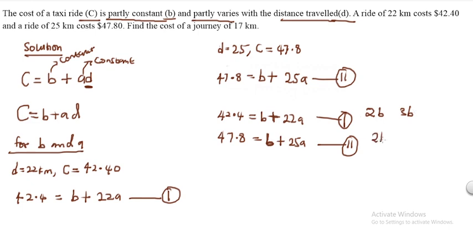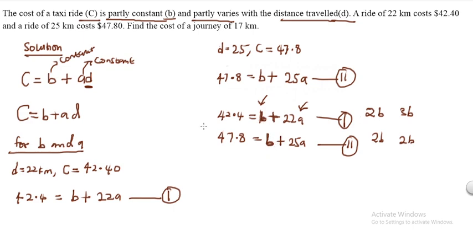But if I have 2b and 2b, the coefficient here is 2 and here is 2, so they have the same coefficient. The first thing I want to look at in my two equations is whether any of the variables have the same coefficient. The variables I'm talking about here are simply b and a. If you notice, b here is 1b and b here is 1b, so we can go forward and eliminate b.